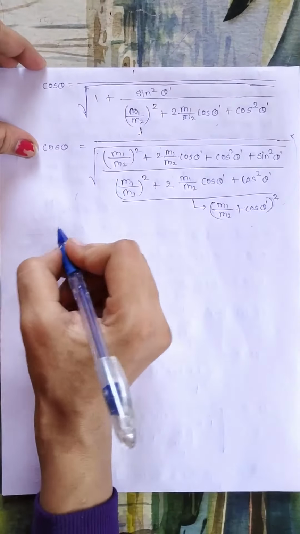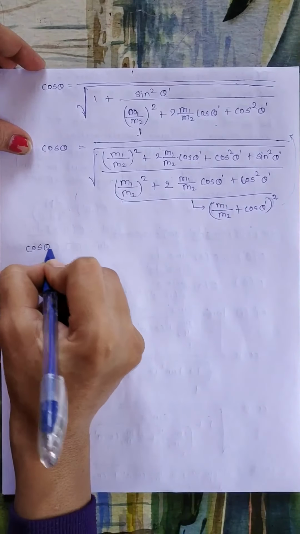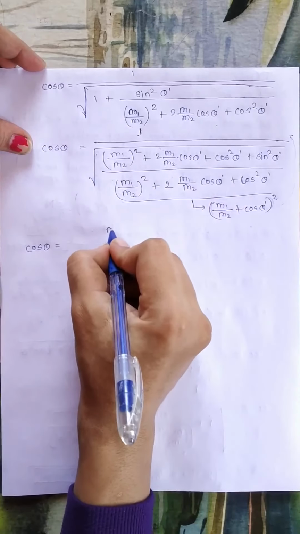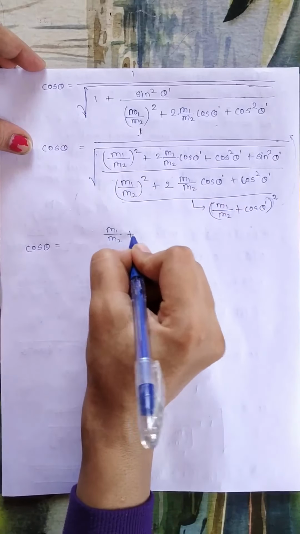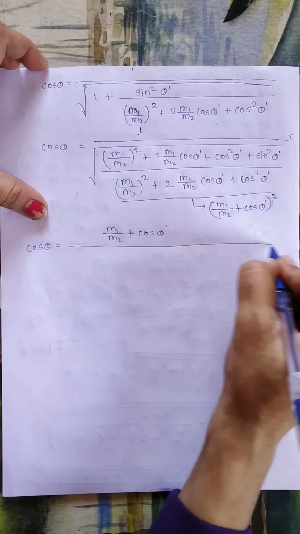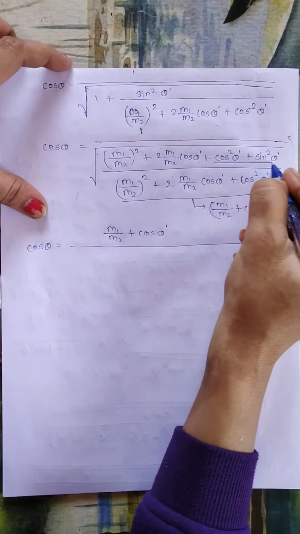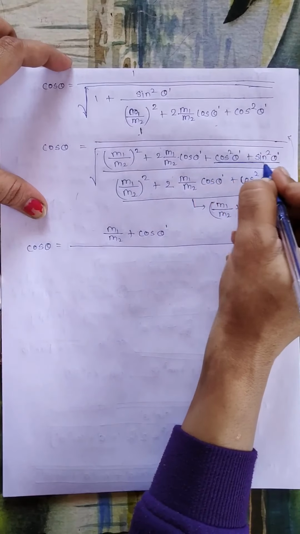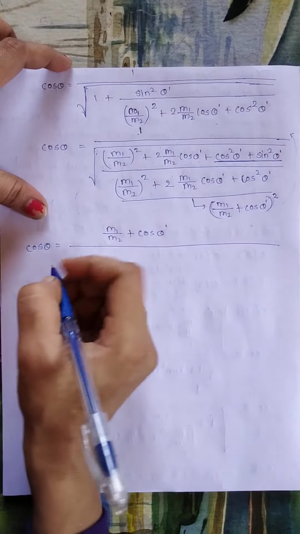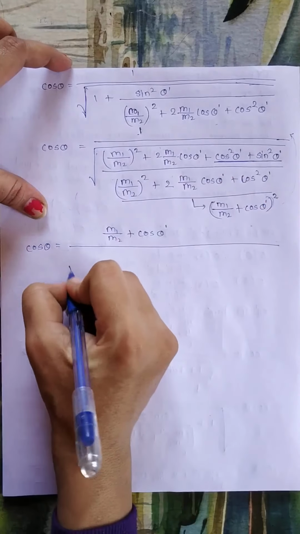So we will get cos theta equals m1 upon m2 plus cos theta dash upon, now this addition will be 1 since there is the identity that cos square theta plus sin square theta is 1. So this addition will be 1.